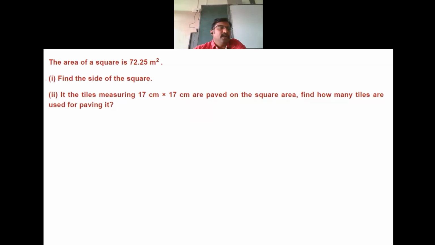So first we shall find the first sub question. We all know that area is side into side, which is side square. Here they have given area as 72.25 meter square. This is side square. So what will be the side? Side will be under root 72.25 meter square.